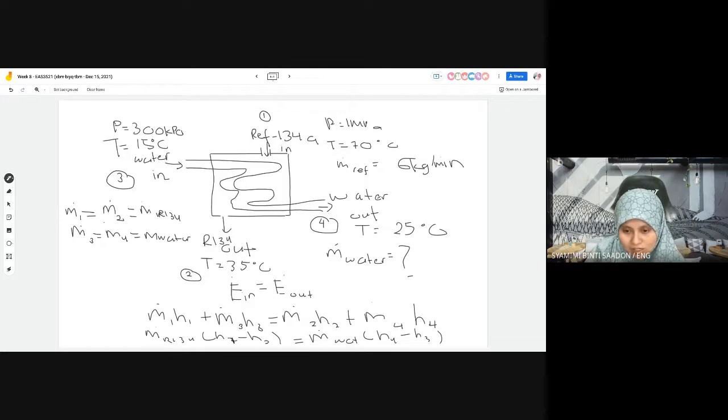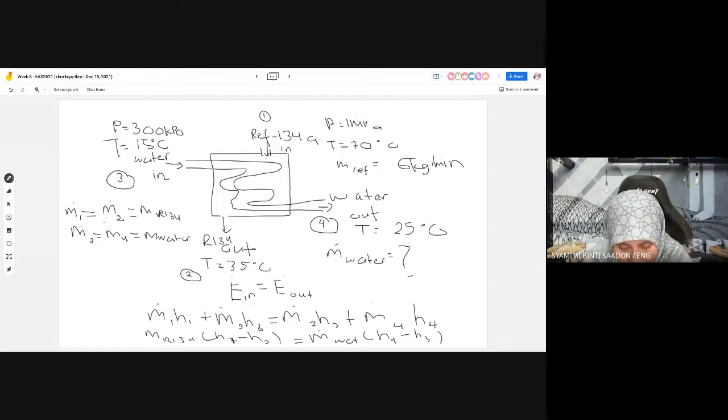We have the mass and the enthalpy. So our task now is to search for the enthalpy, so that we can calculate the mass of the water, since the mass of the refrigerant we have. So we need the mass of the water. So start with H1, H2, H3, H4.